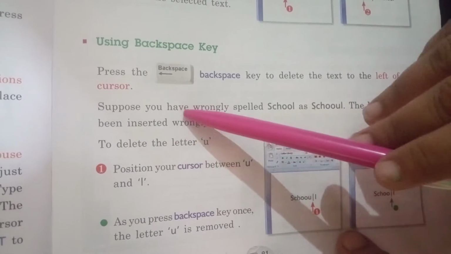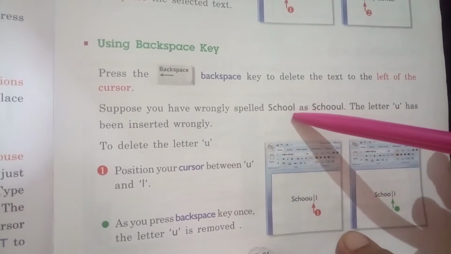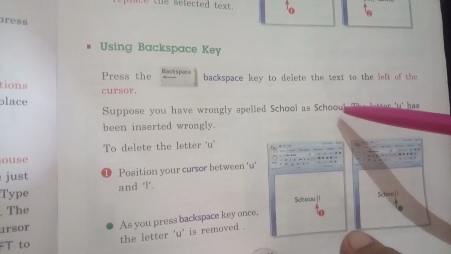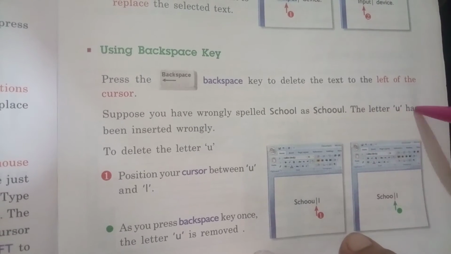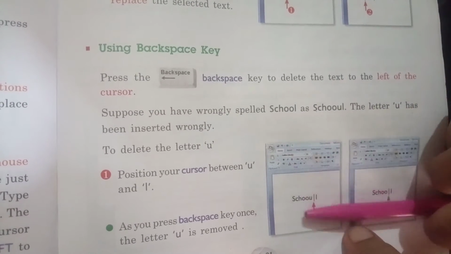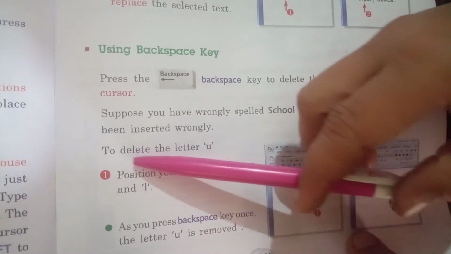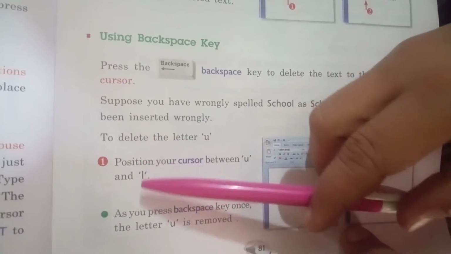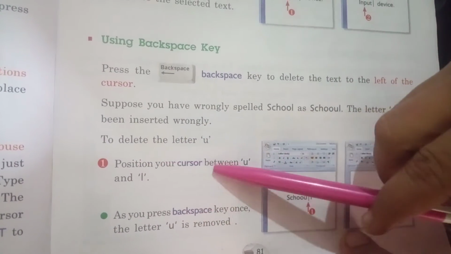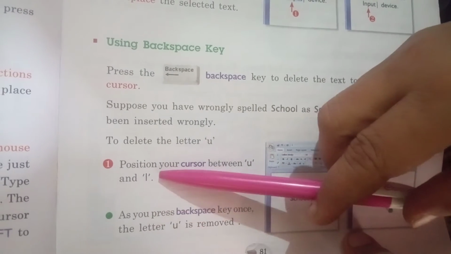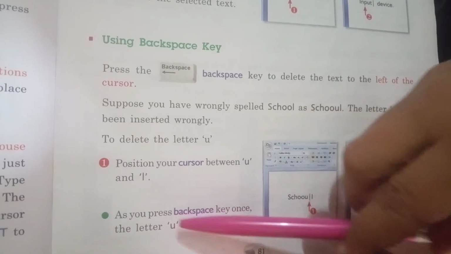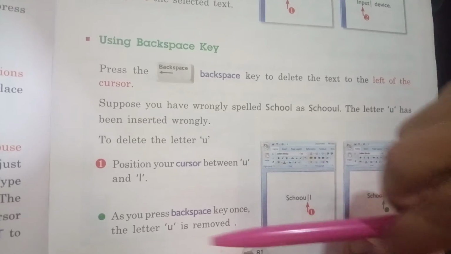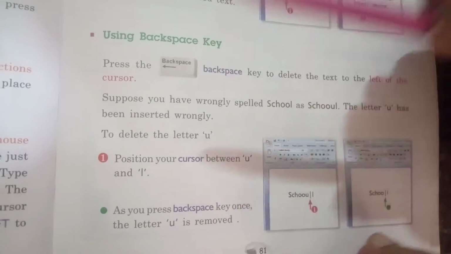Suppose you have wrongly spelled school as "schuool". The letter U has been inserted wrongly. To delete the letter U, position your cursor between U and L. As you press the backspace key once, the letter U is removed.